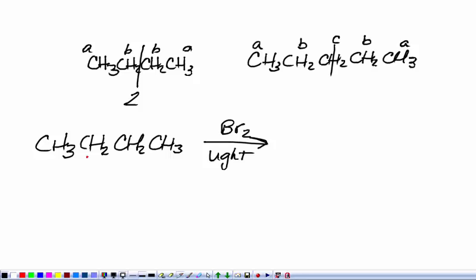I get 2-bromobutane, which is now different than 1-bromobutane, which makes these different than these. But if I replace this one with a bromine, I still get 2-bromobutane, which makes these two equivalent. So there's another method of determining equivalent hydrogens. You replace each hydrogen sequentially with a bromine, name the compound. Same name, equivalent. Different names, not equivalent.